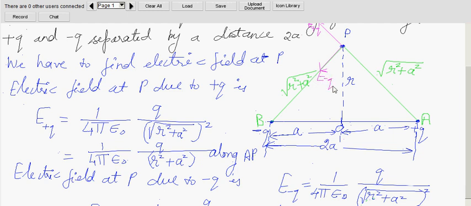Now the net field is the vector sum of E plus q and E minus q. To find this vector sum, let us resolve these into horizontal and vertical components. Now consider E plus q. Let this angle be theta. Also this angle is theta.